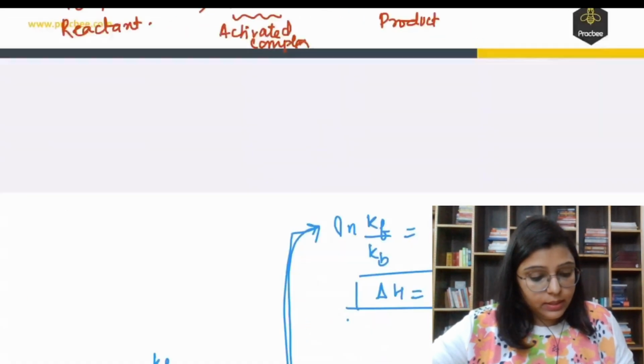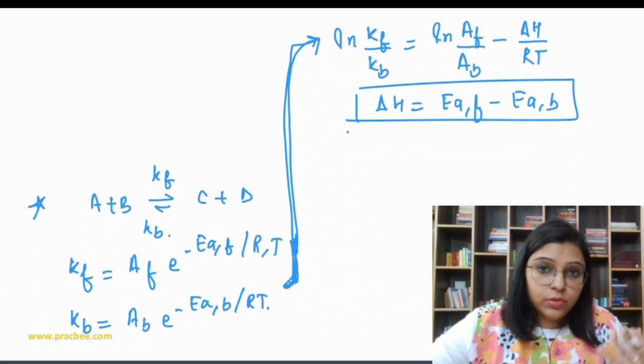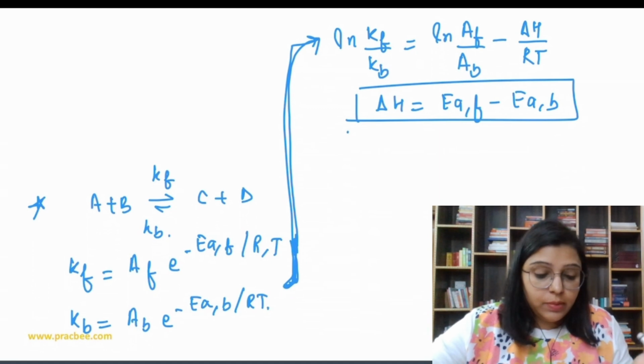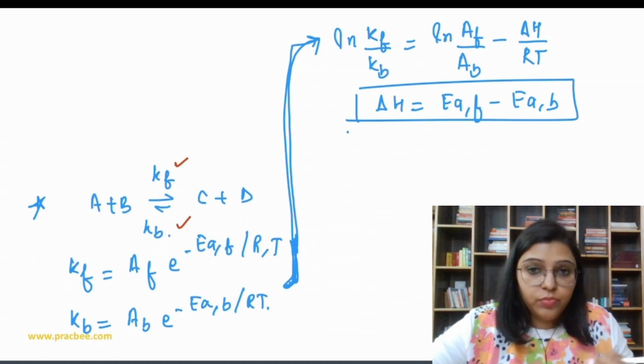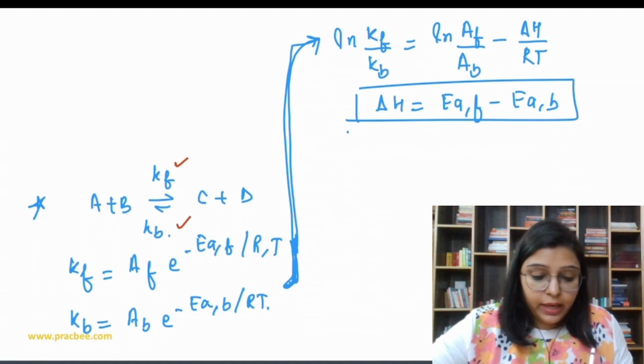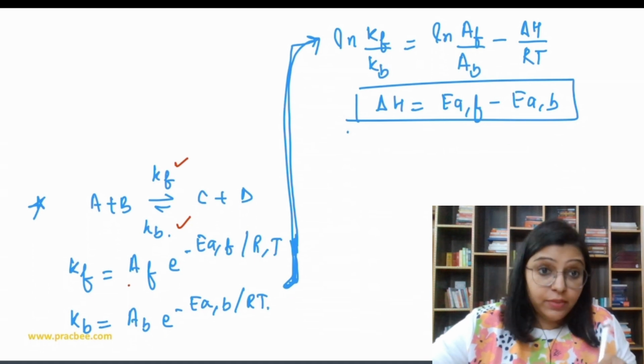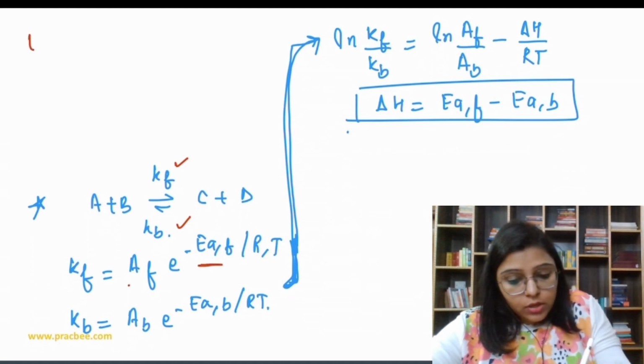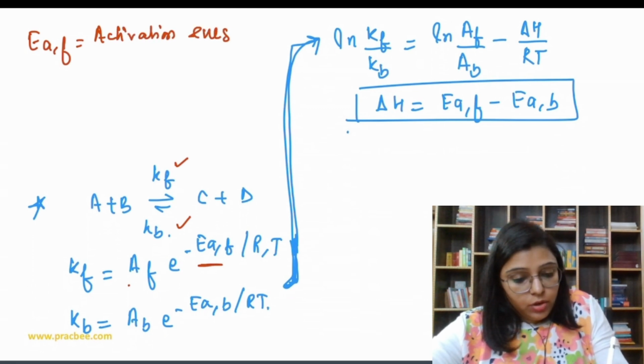Now, if we have an equilibrium reaction, then there is Kf and Kb, so we define Kf like Af e to the power minus Ea, the activation energy for the forward reaction. So EaF is the activation energy for the forward reaction.